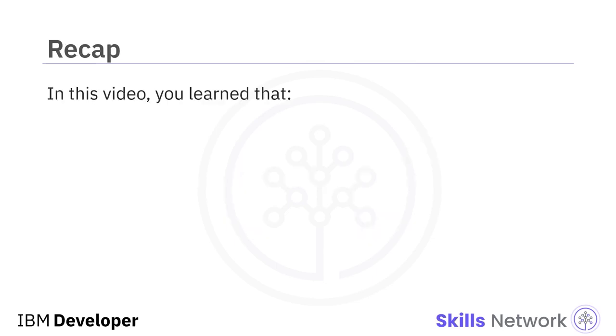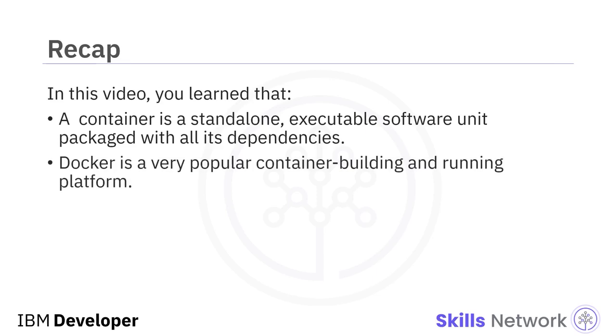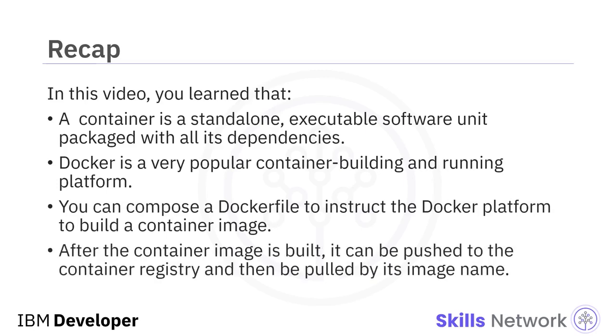In this video, you learned that a container is a standalone executable software unit packaged with all its dependencies. Docker is a very popular container building and running platform. You can compose a Docker file to instruct the Docker platform to build a container image. And after the container image is built, it can be pushed to the container registry and then pulled by its image name.